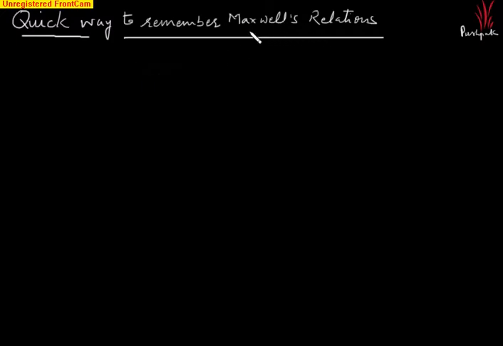For that, all the four variables used in Maxwell relations may be written as P for the first variable, pressure, S for the second variable, entropy, T, temperature, for the third variable, and then volume will be the fourth variable. But we will write in this order: first, second, third, and fourth.